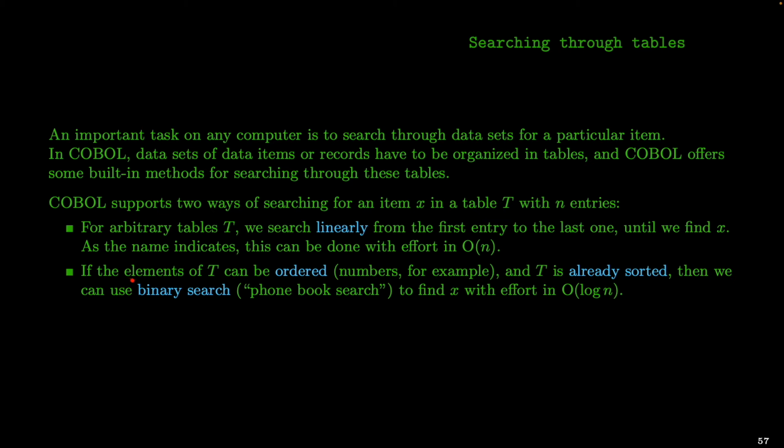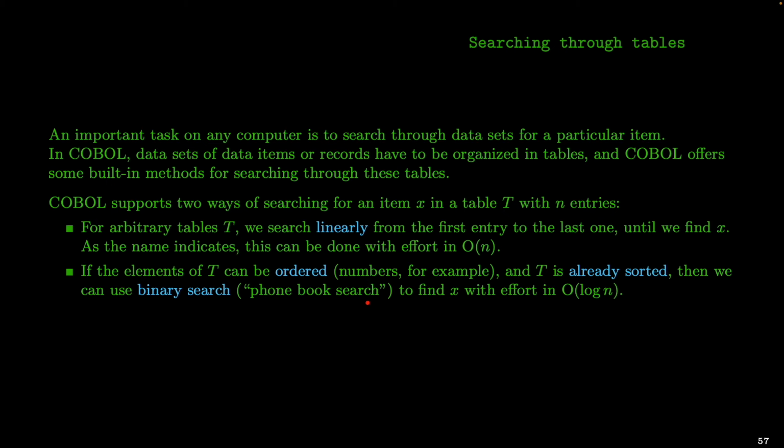Then there's a special case when you have a table that is already ordered. So the elements can be sorted in some way, and you assume they already are in your table. In this case, you can use the so-called binary search, which is basically the way you look up a name in a phone book.